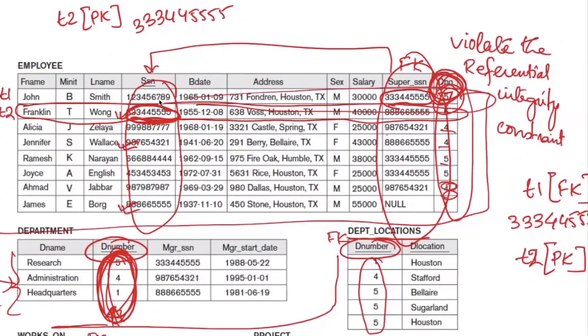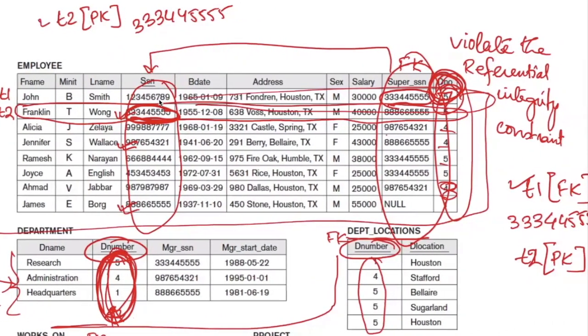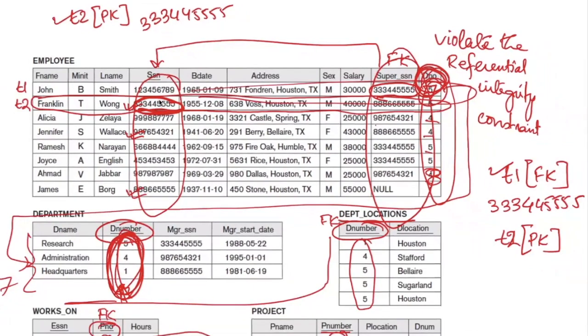So this is the same. So first, this condition is satisfied. They have the same value, and they have the same domain. Super SSN and SSN have the same domain. So both our conditions are satisfied, which means the referential integrity constraint between super SSN and SSN holds.